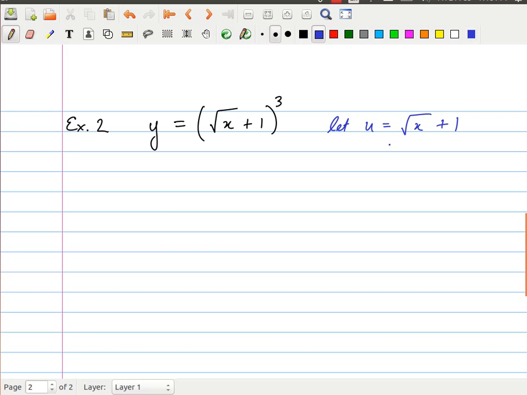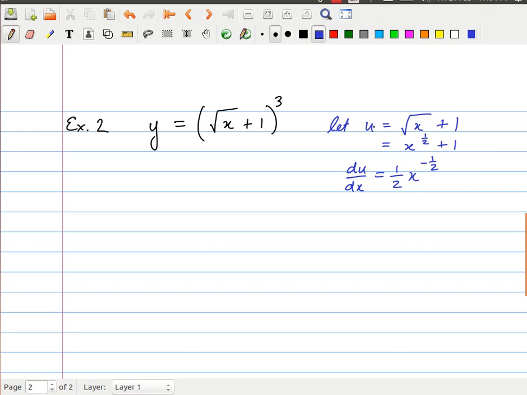To take the derivative of u, it's probably easier to put this into power notation. So square root of x is the same as x to the 1/2, plus 1. Then the derivative of u with respect to x is going to be equal to 1/2 x to the negative 1/2, and the derivative of the 1 is just a constant, so the derivative is 0.